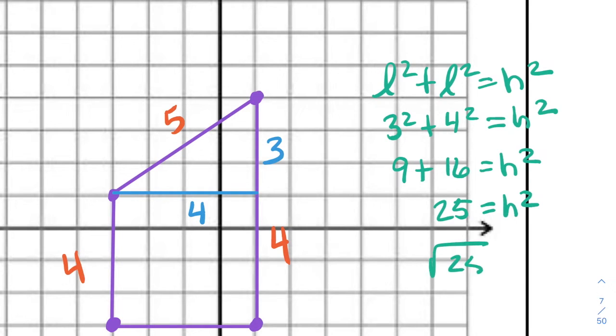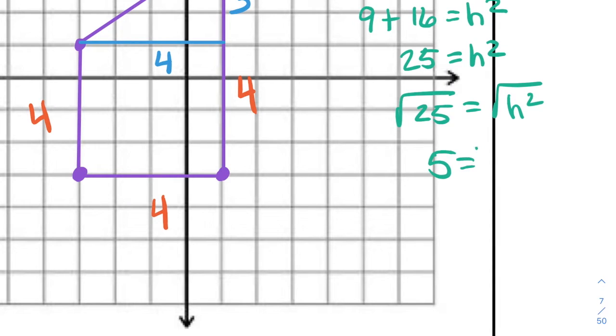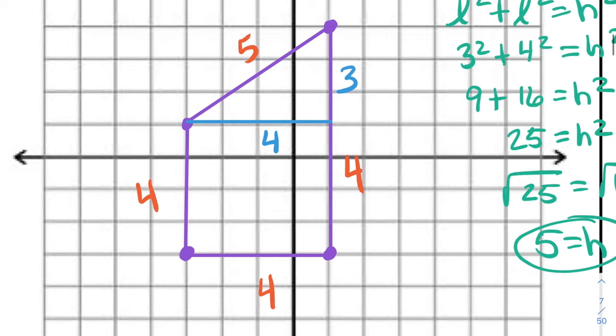Square root of 25 equals square root of H squared. So 5 equals H. You probably already knew that the hypotenuse was that if you remembered your Pythagorean triples.